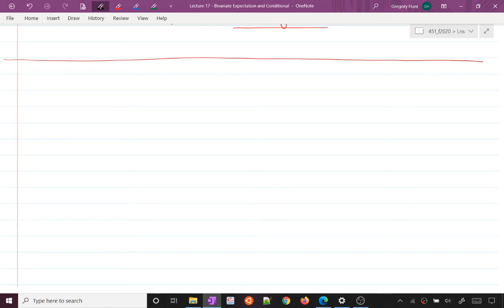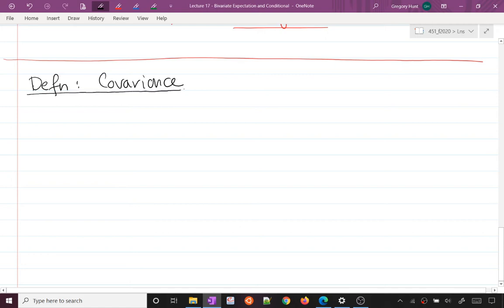And so bivariate expectation is going to allow us to calculate measures of how random variables are related. And the most basic measure of how two random variables are related is called covariance. The name is meant to imply how two random variables vary together. So it's co, as in together, and how they vary, as in variance.